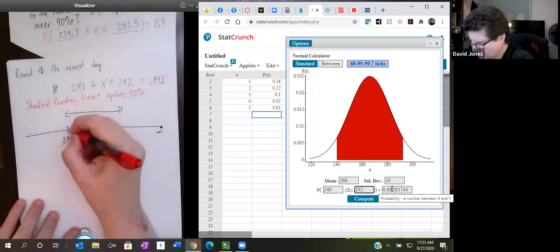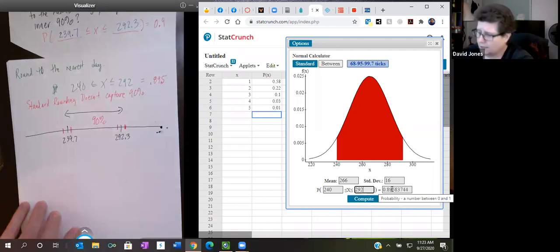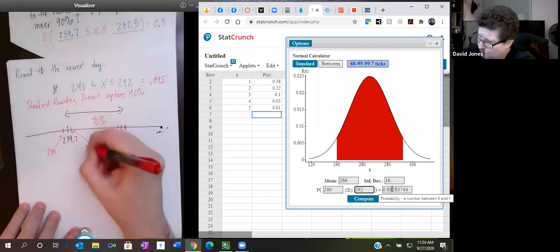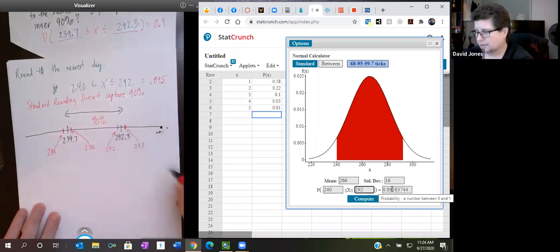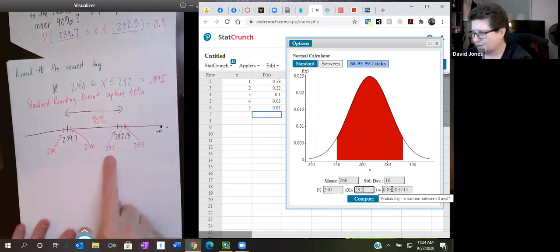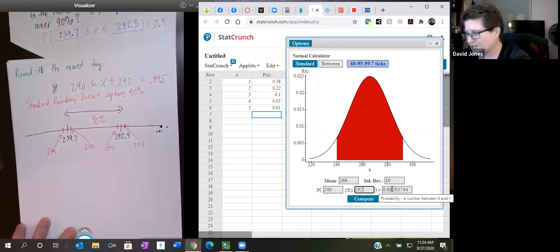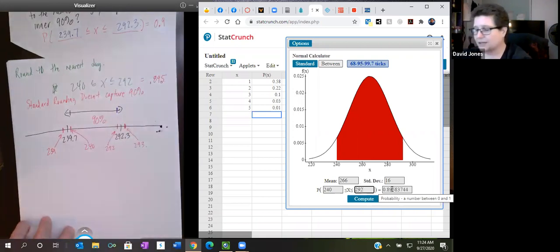So there's a whole number here, and a whole number here. That's 239. That's 240. Over here, I got 292. And over here, I got 293. If I do the inner range, 240 to 292, that's actually what I had there. It didn't capture the whole region.